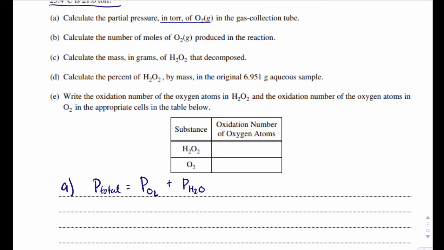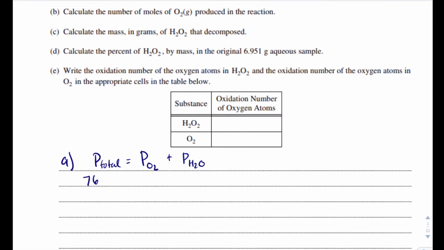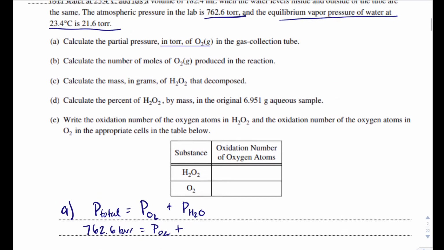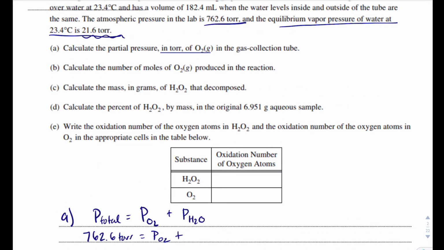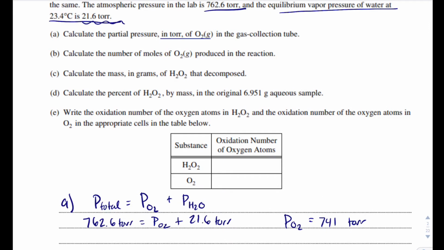The question gives us that the total pressure in the lab was 762.6 torr. That equals the oxygen gas plus the humidity, and they tell us that the humidity has a pressure of 21.6 torr. So when I subtract that, the pressure of oxygen is 741 torr. Okay, so A is done.